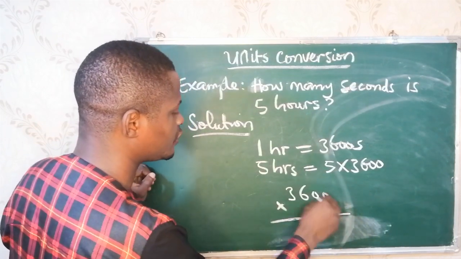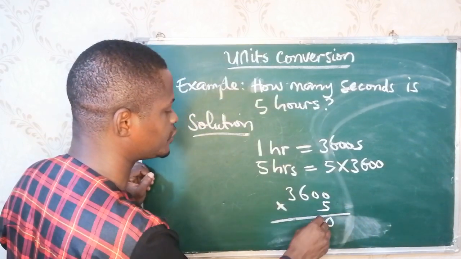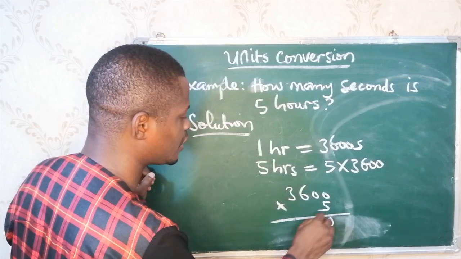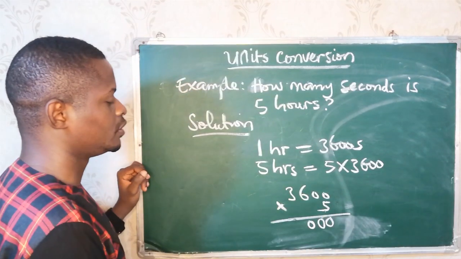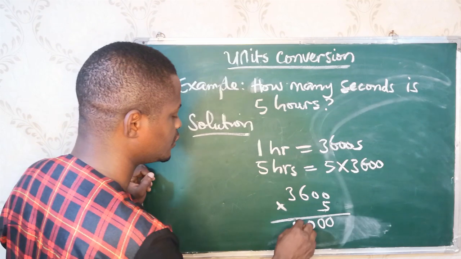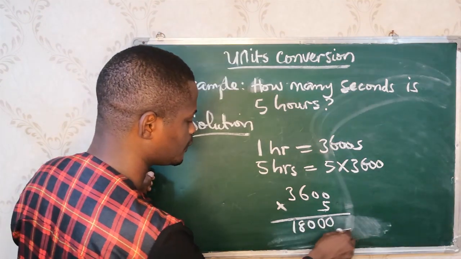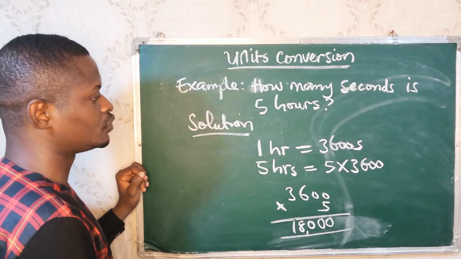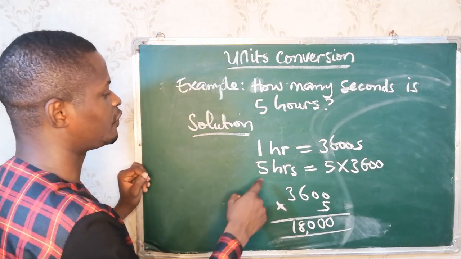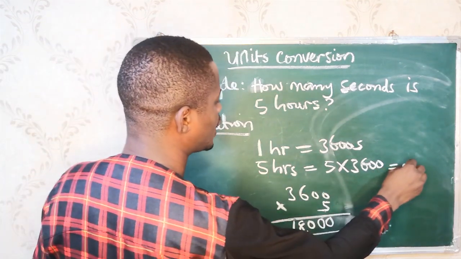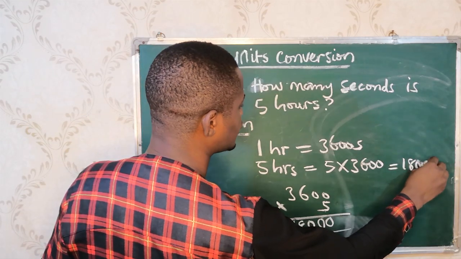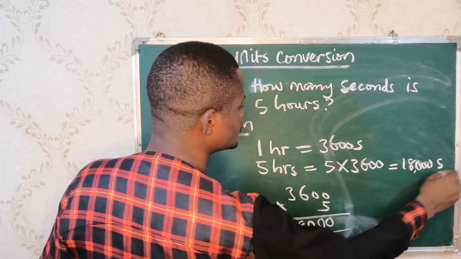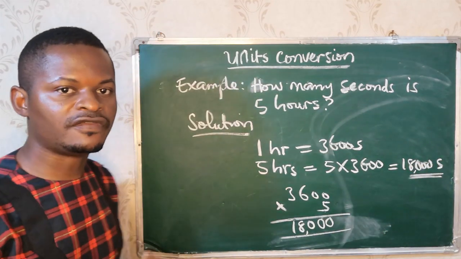5 times 0 will give you 0, 5 times 0 will give you 0, 5 times 6 will give you 30, write 0, carry 3, 5 times 3 is 15, plus 3 will give you 18. So that is 18,000. So it means that 5 hours has 18,000 seconds. Very simple.